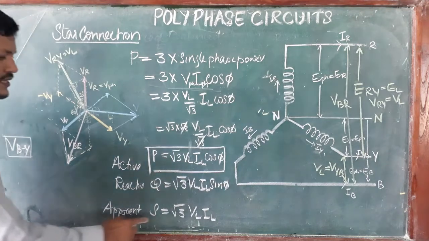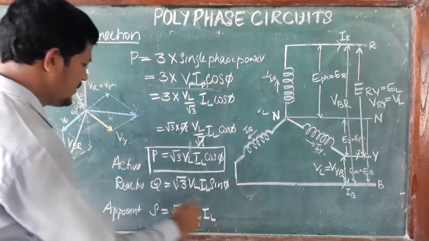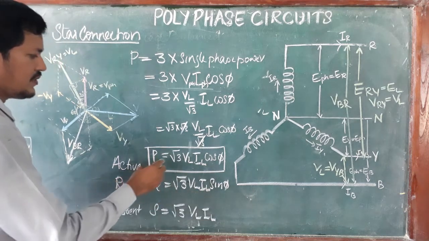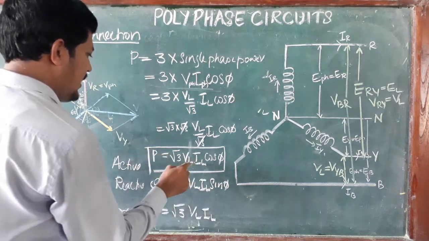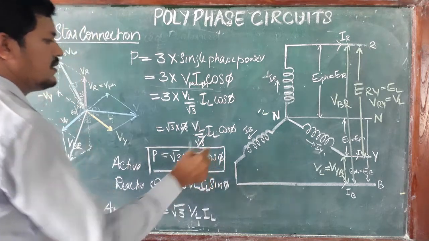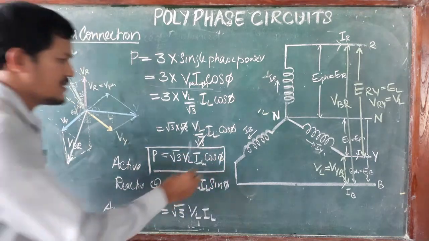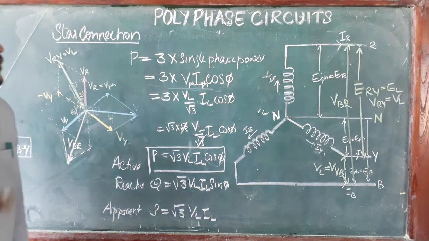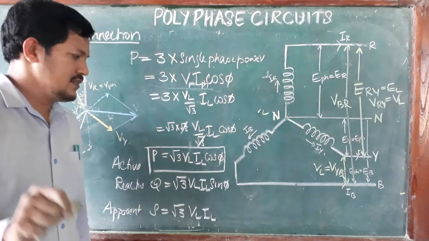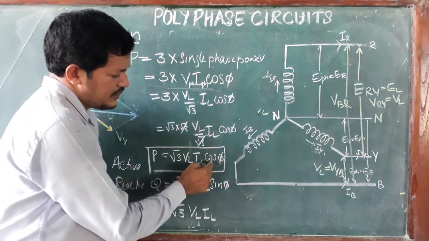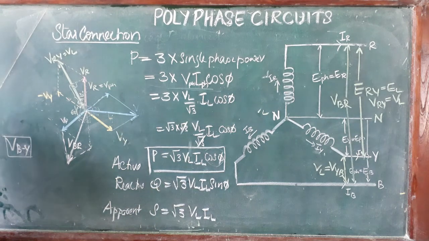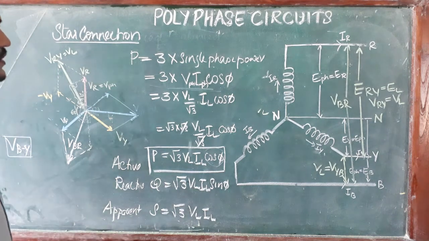Active power is root 3 into line voltage, line current and cos phi, the power factor. Here the power factor is based on the phase voltage and the phase current. The cosine of the angle between phase voltage and phase current is the power factor. So this is a star connected system.